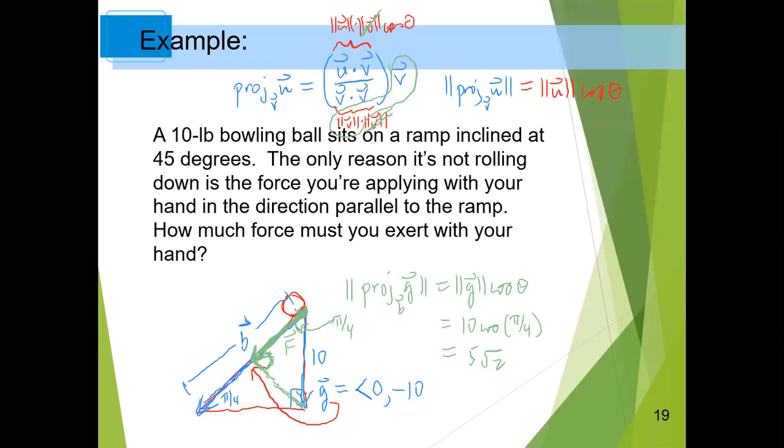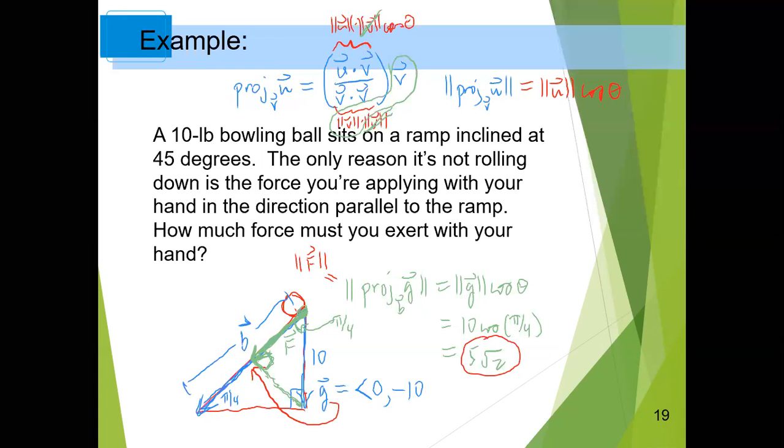So let me ask you a question. The length of this projection is also the length of this force vector, 5 square root of 2. Is 5 square root of 2 smaller than 10? Yeah, the square root of 2 is like 1.414.